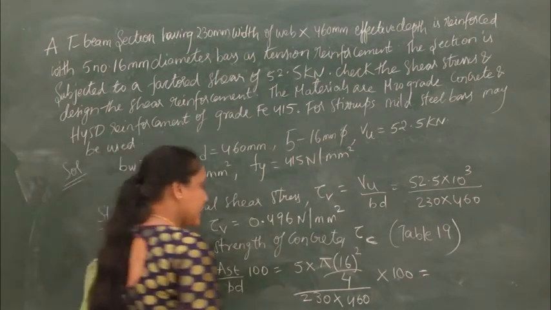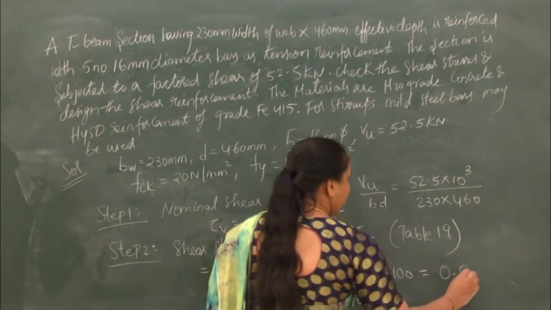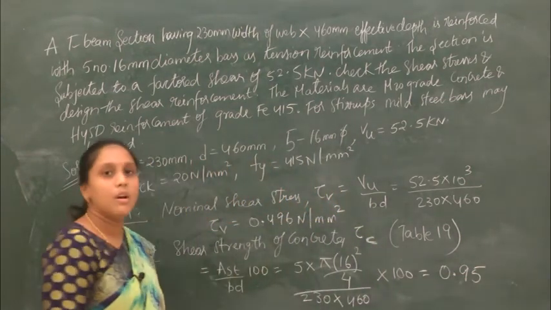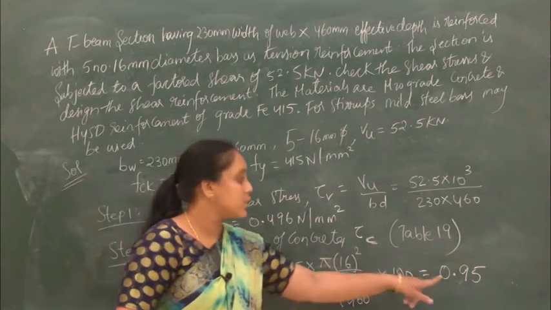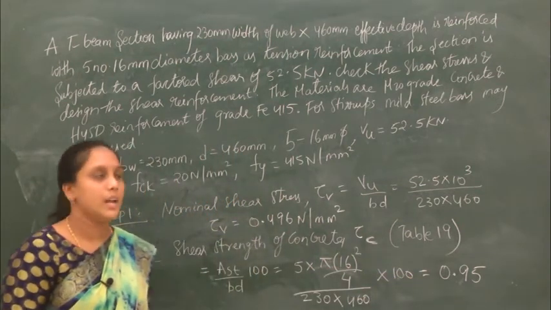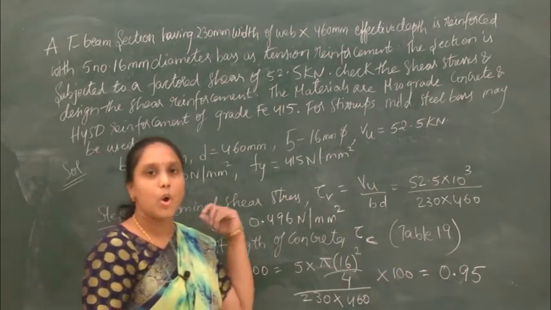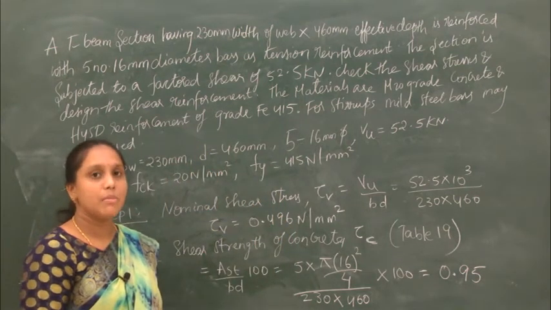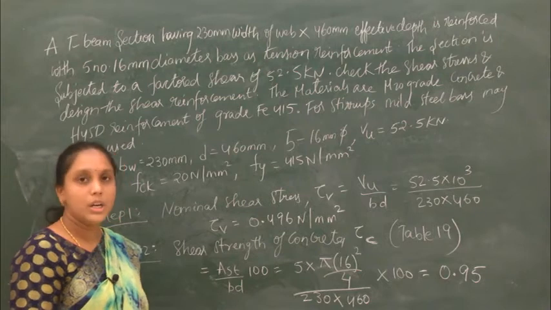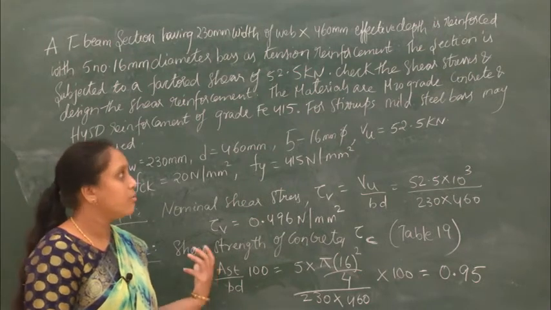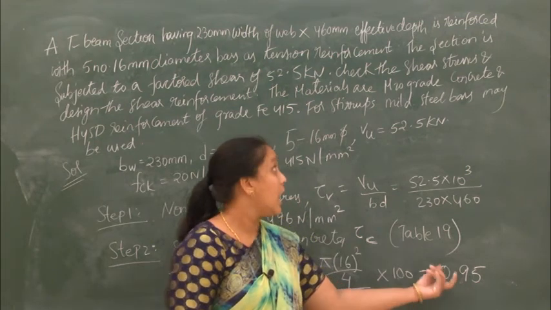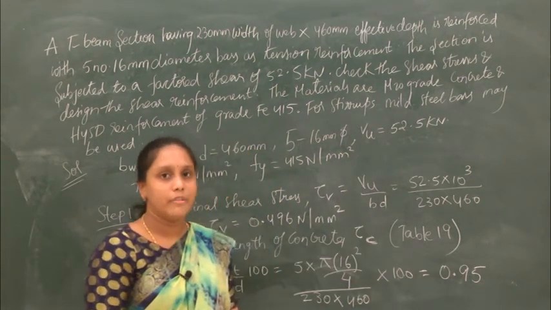So if you calculate this, you will get a value of 0.95. Now what is the percentage of steel value? It is 0.95. And what is the grade of concrete? It is M20. So from table 19, you have to find out the tau c value for this percentage of steel and the grade of concrete.